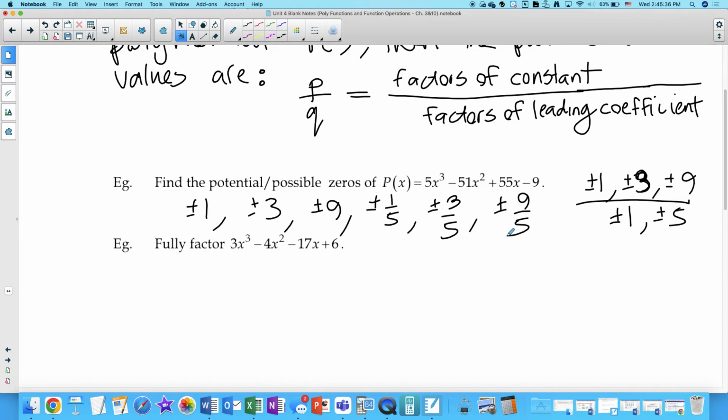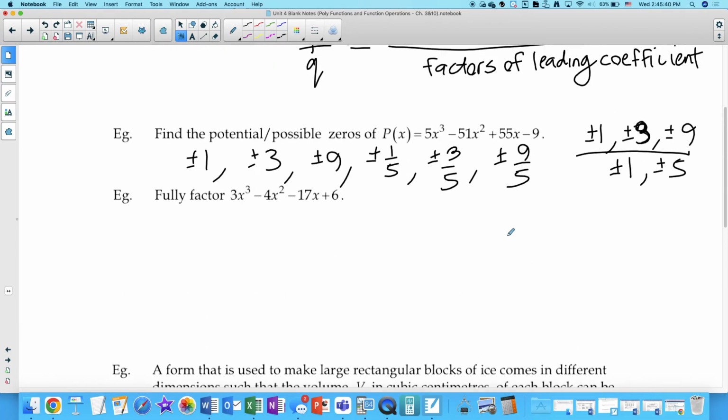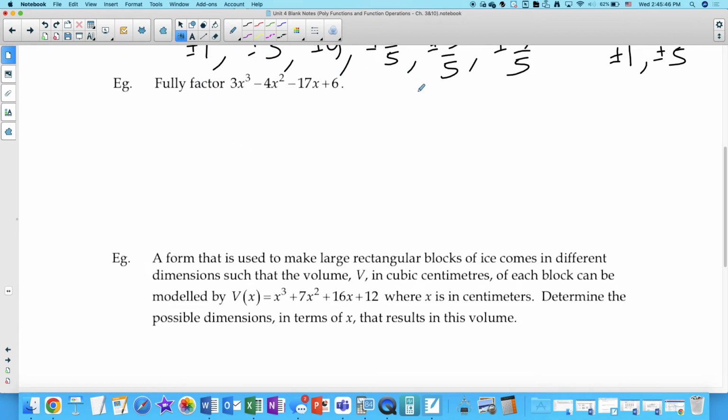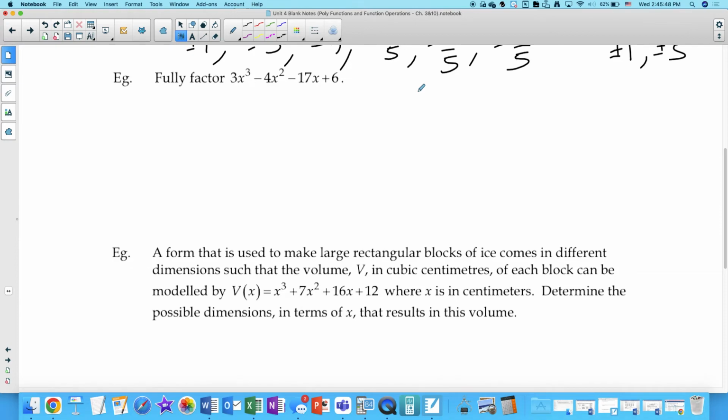Fully factor this trinomial. We're going to start with possible a values: 1, 2, plus or minus 1. Okay, is that it?